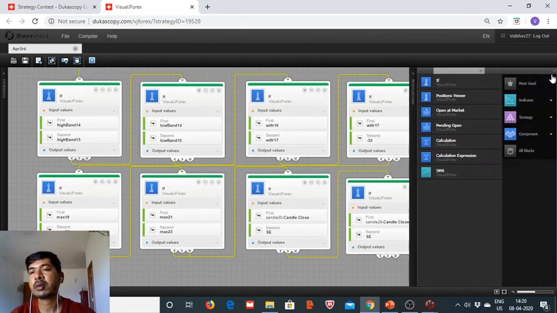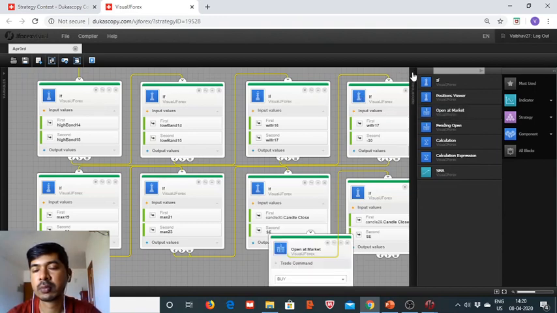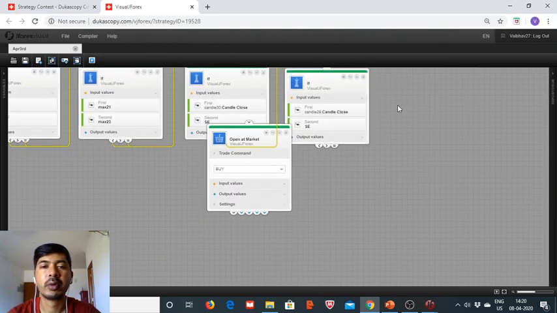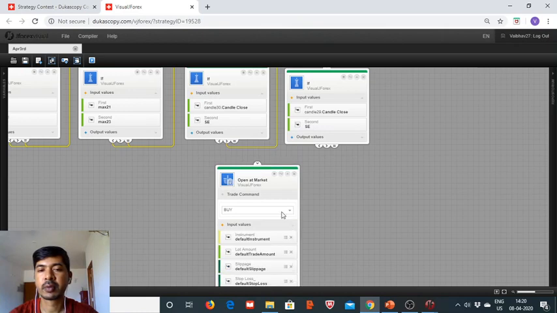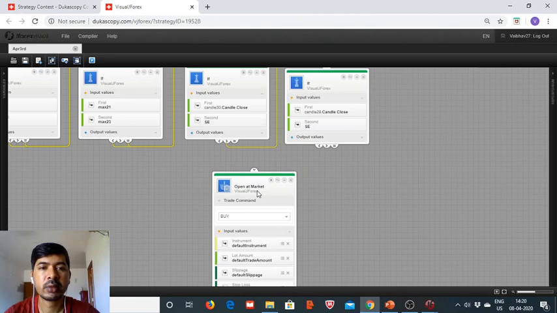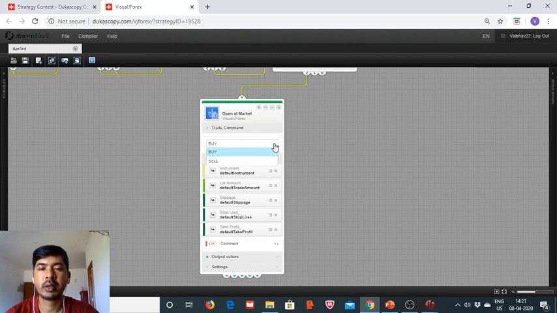Now comes the open market. So here is candle close should be less than the input, and here instead of buy it should be looking for a sell.